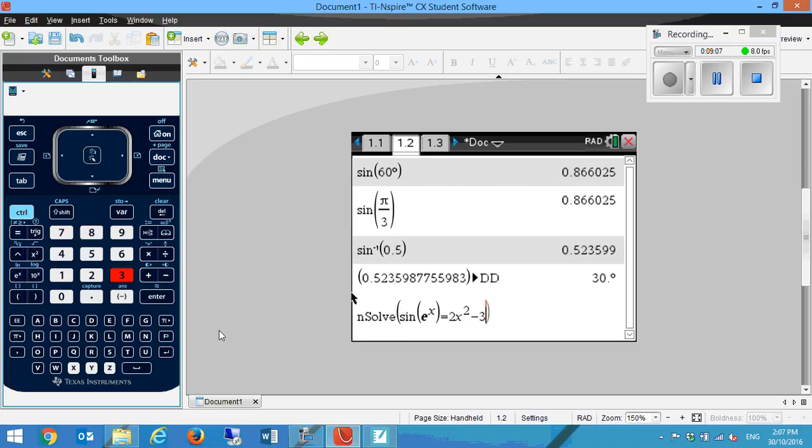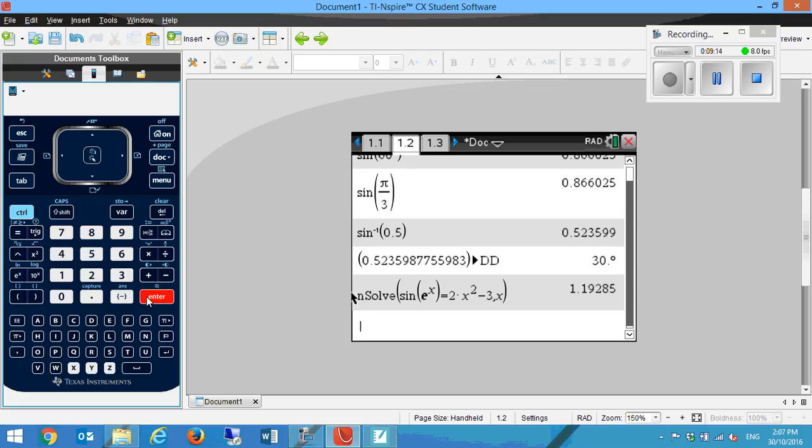We want to solve it for x, so we need to tell the calculator that, so comma x, and then enter, and see, we come out with that answer.